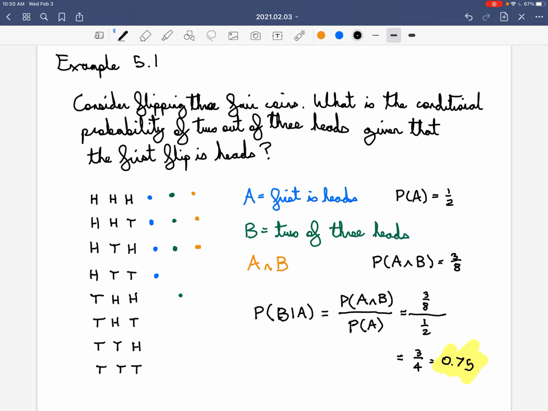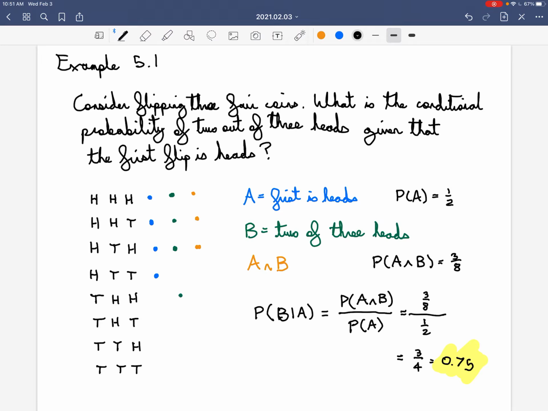So we can just list out these 8 outcomes, and I've marked the outcomes which fall in the event A in blue, and I've marked the outcomes which fall in the event B in green. And so we can see the conjunction is the 3 outcomes in orange.